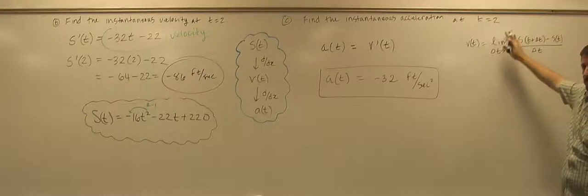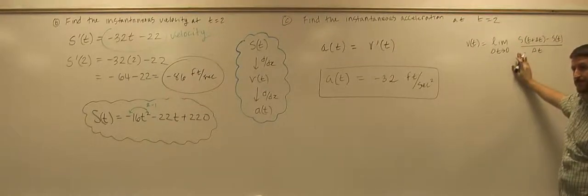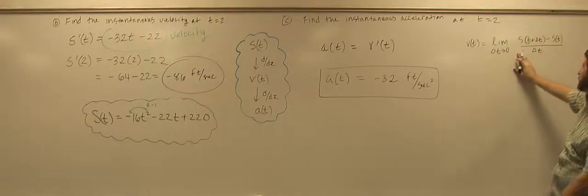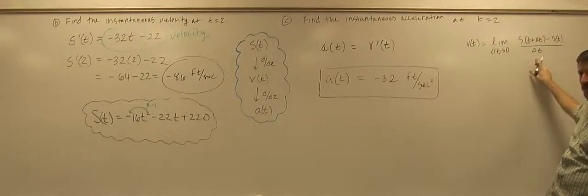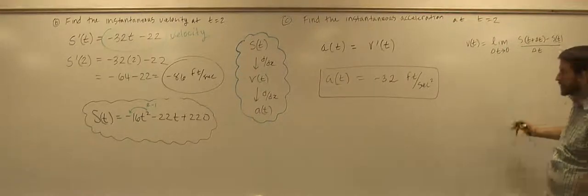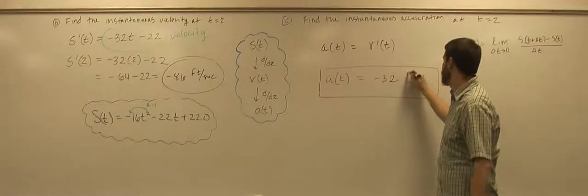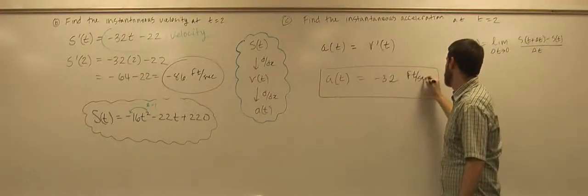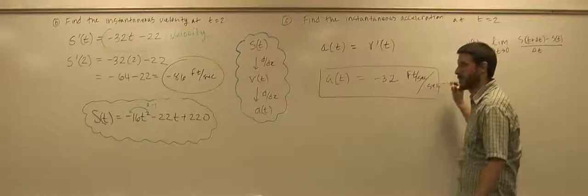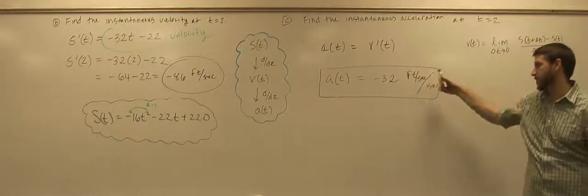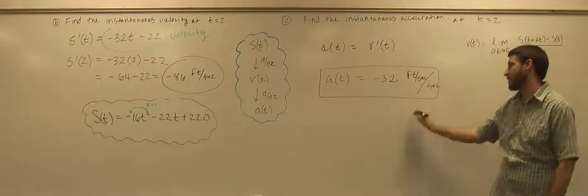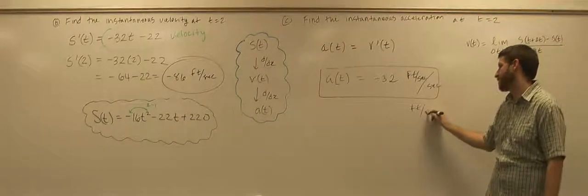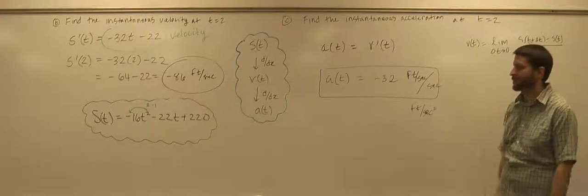Right, this is the derivative formula. And the second derivative means you're going to take this, which already has seconds on the bottom, and do it again. So technically you're getting feet per second per second. Because you're getting velocity, but then you're dividing it by another delta t. So that just simplifies to feet per second squared. Makes sense.